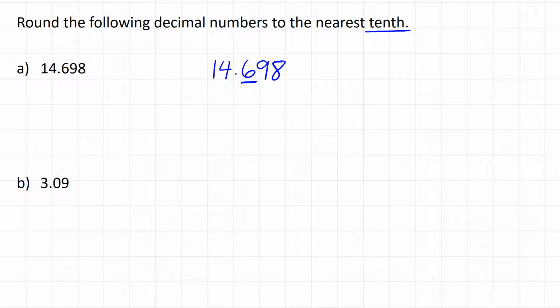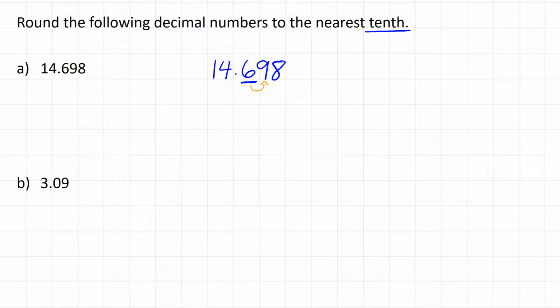So what I'm going to do here is I'm going to move one decimal place over to the right and look at what's happening in the hundredths place value. The hundredths place value, as we can see here, is bigger than 5. So that means I'm going to be rounding my tenth place value up a number.